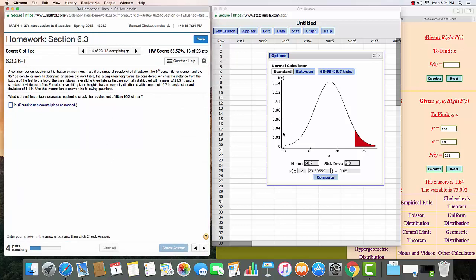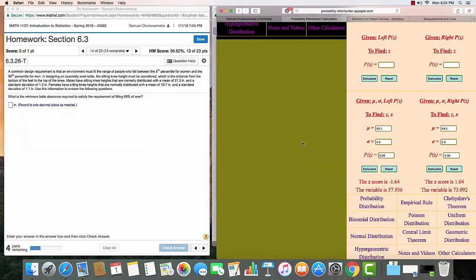Question 14. My turn. A common design requirement is that an environment must fit the range of people who fall between the 5th percentile for women and the 95th percentile for men. In designing an assembly work table, the sitting knee height must be considered, which is the distance from the bottom of the feet to the top of the knee.